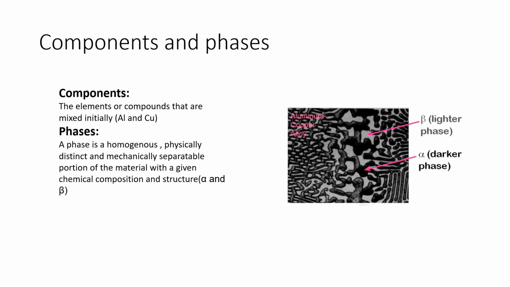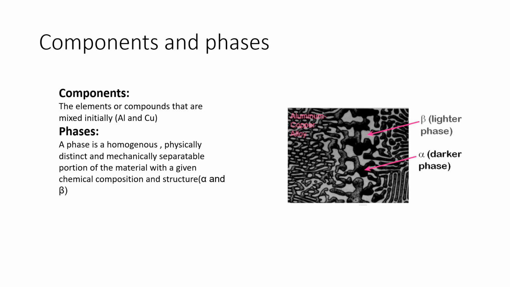A phase is a homogeneous, physically distinct and mechanically separable portion of a material with a given chemical composition and structure. For example, the chemical composition and structure for the solid solution is represented by alpha and beta.